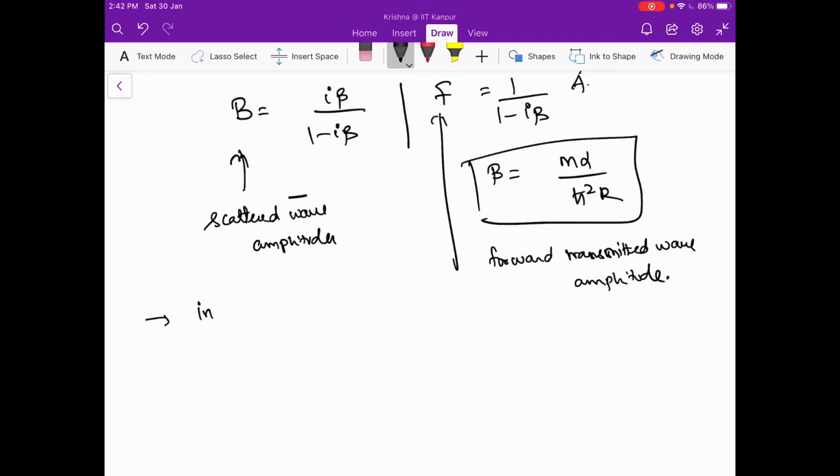Okay, the incident wave is basically e^{ikx}.